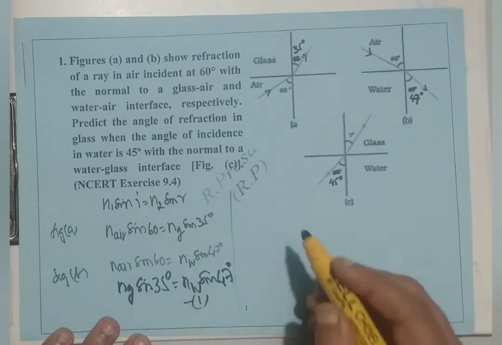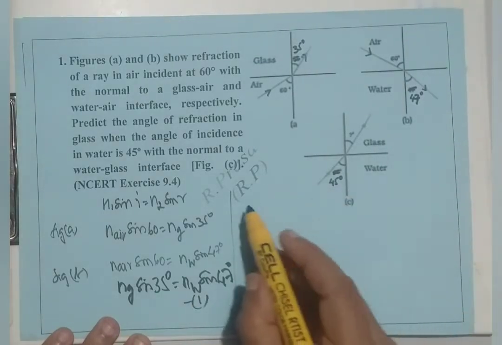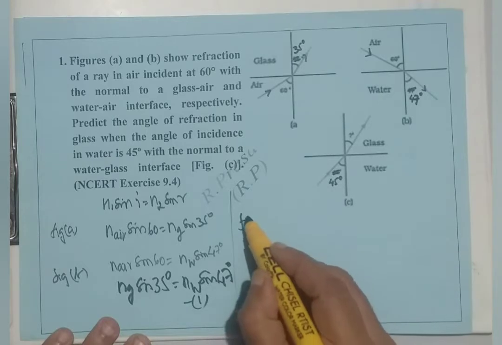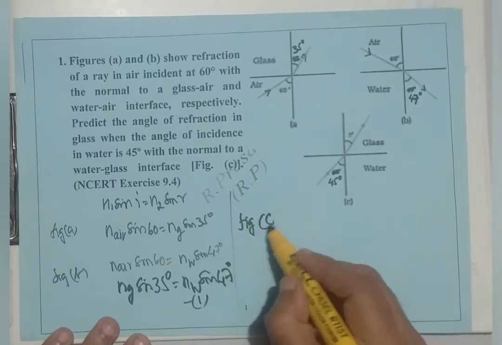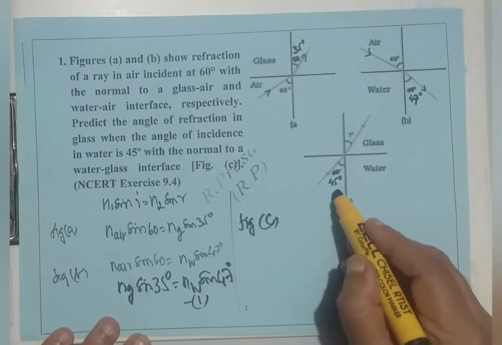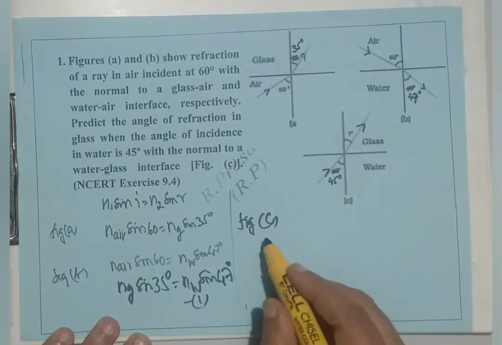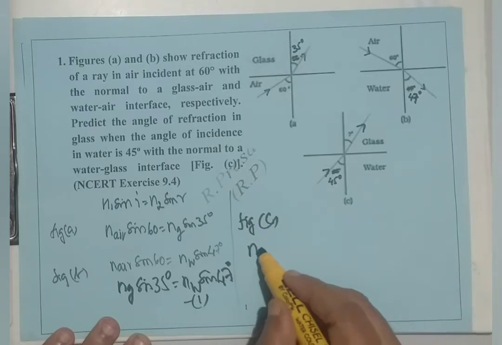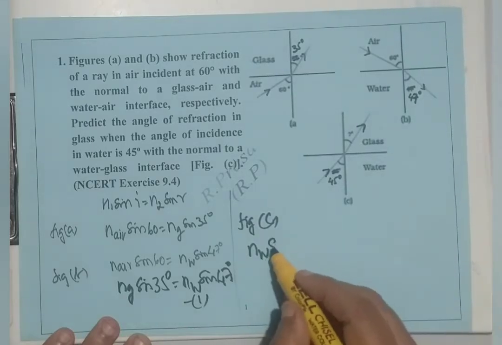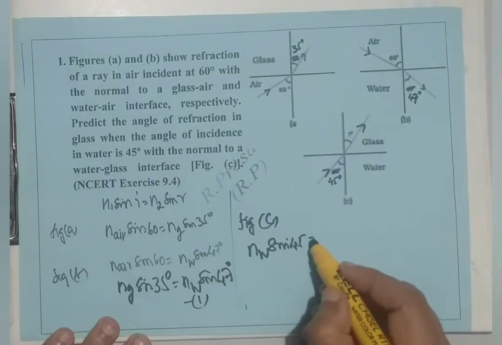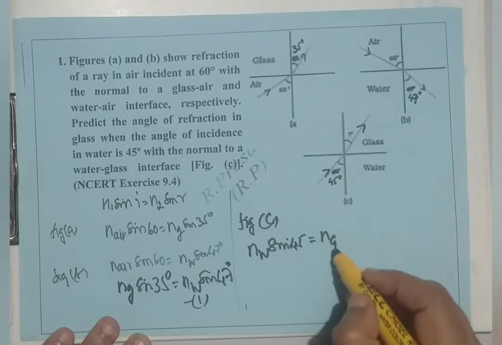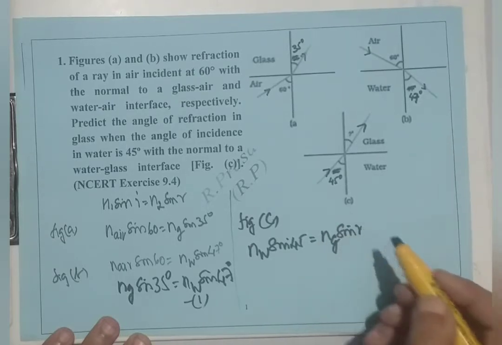I call it equation 1. We write similarly for figure C. Here 45 degrees is the angle of incidence and R is the angle of refraction. Therefore, Nw, it is in water, sin 45 equals Ng sin R.